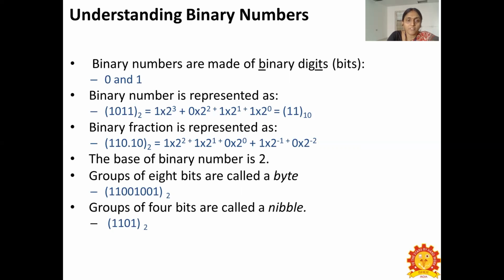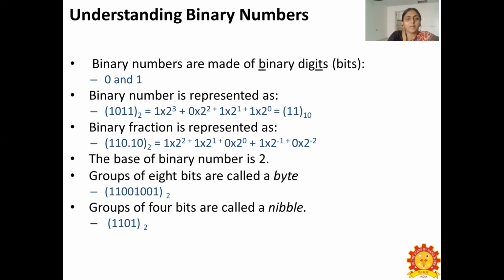The least significant bit 1 is multiplied by 2 power 0, plus 1 into 2 power 1, plus 0 into 2 power 2, plus 1 into 2 cube. And in decimal representation, 11 is the decimal value for the given binary number. This conversion we will be seeing in the next few slides.